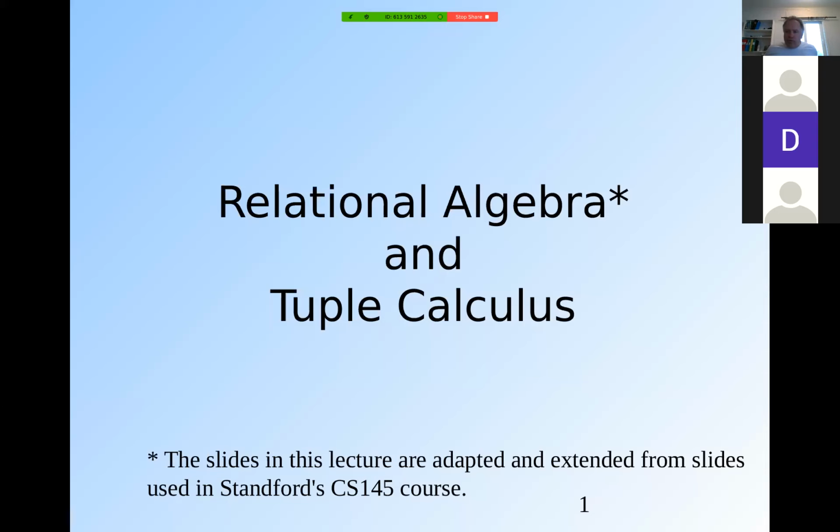So what we start out with here is the mathematical underpinnings of relational databases. As we'll see, this will change a bit to make it more practical. There are a lot of practicalities that we'll enter into, but in the beginning, we'll start out with a simpler, purer case.